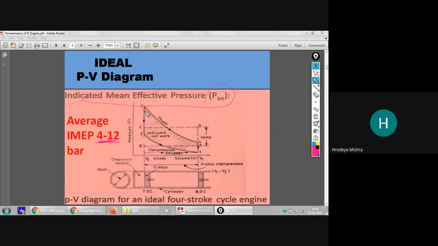So this is the PV diagram, pressure volume diagram, and this is our bore diagram. So this is TDC and this is BDC.